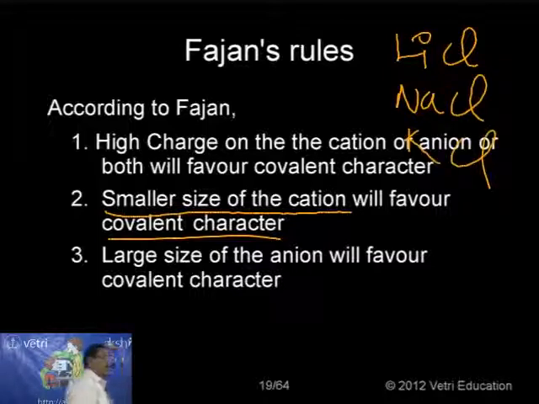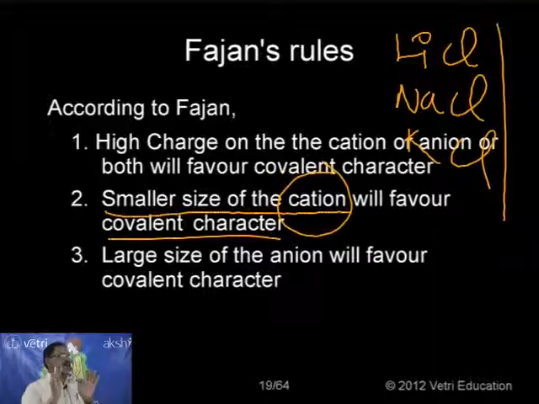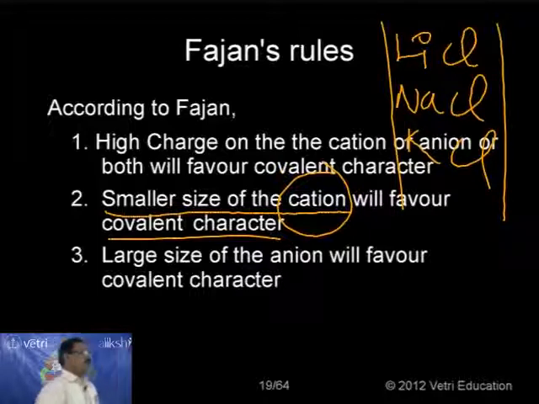Because I am concentrating on the cation, I am keeping chlorine common, so the anion part is not coming into play here. On the left side, lithium plus, sodium plus and potassium plus are again unipositive, so charge is not making any difference. The only difference is size. So kindly follow. Smaller size of the cation will favor covalent character. The question is, which is more ionic, which is more covalent?